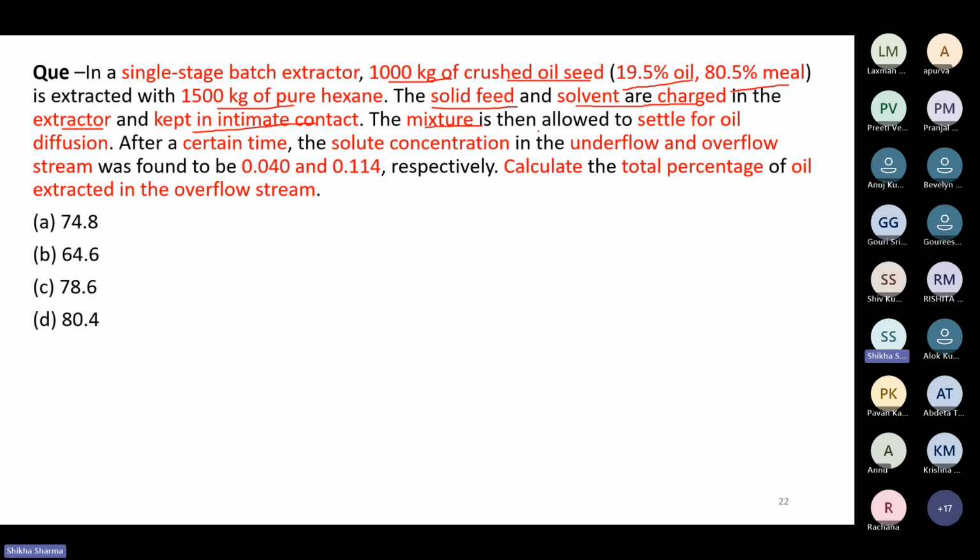The mixture is then allowed to settle for oil diffusion. After a certain time, the solute concentration in the underflow and the overflow streams were found to be 0.04 and 0.114 respectively. Calculate the total percentage of oil extracted in the overflow stream.